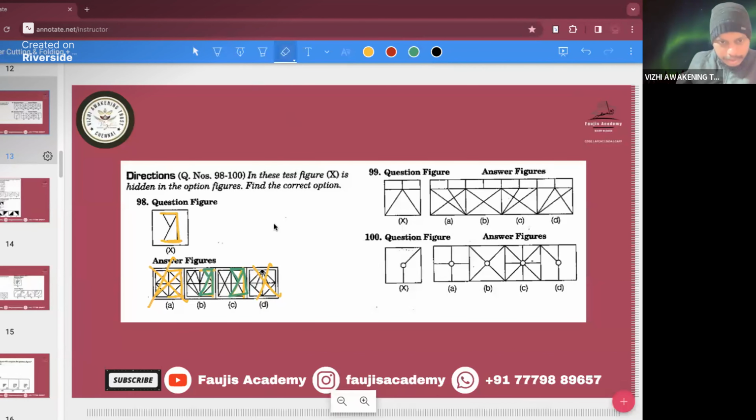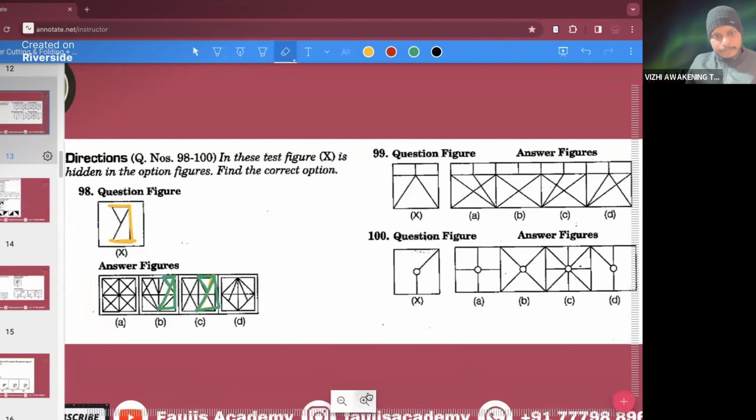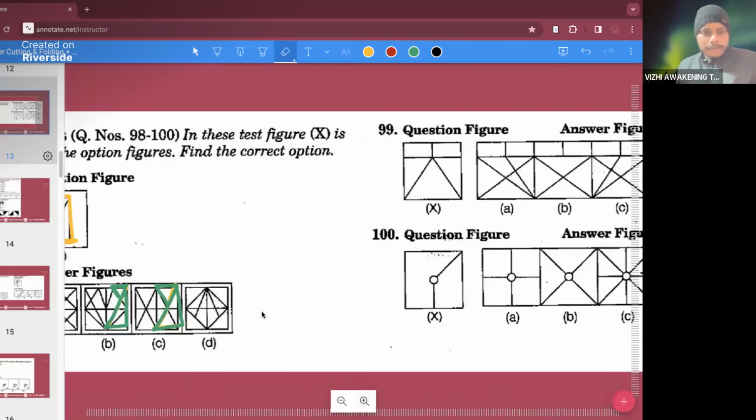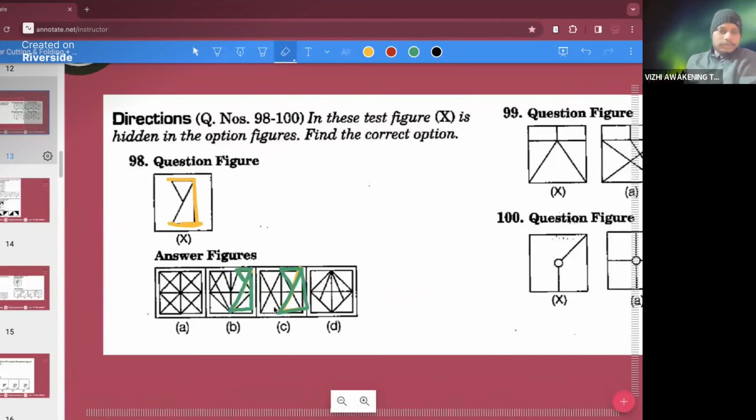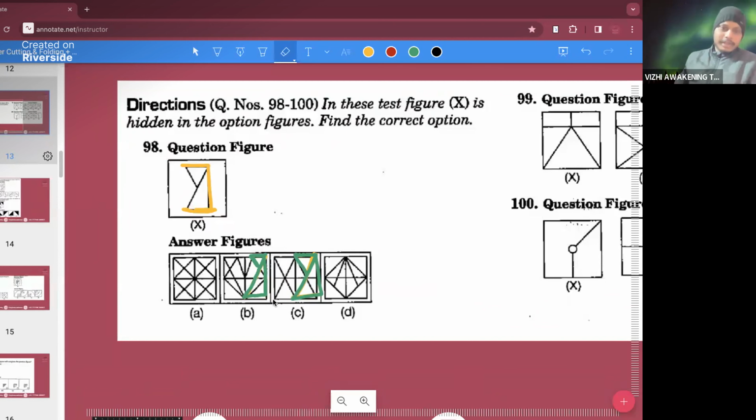Let's just erase the yellow ones. Look at it carefully. Are they not almost similar? Guys, are they not similar? The same is the question I will ask you.